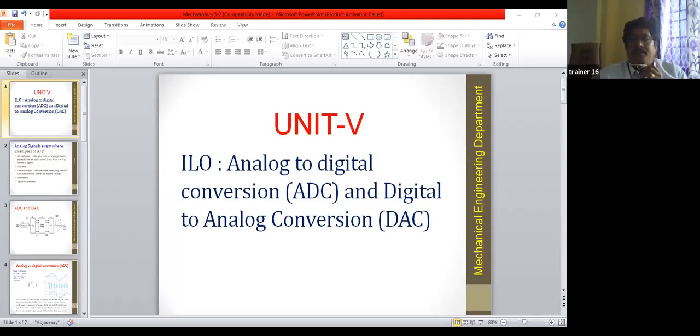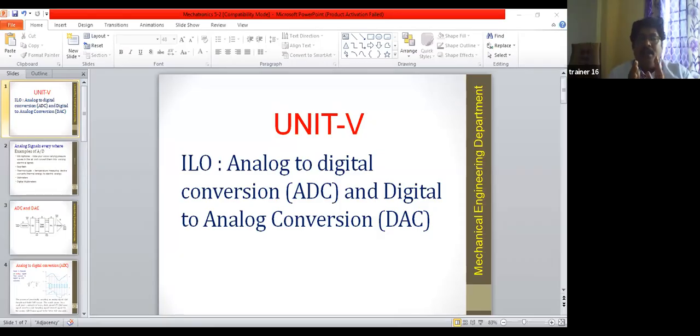That means from the physical system, the equipment or a machine, whatever the output is, the physical variable, that variable is sent to the data acquisition system.